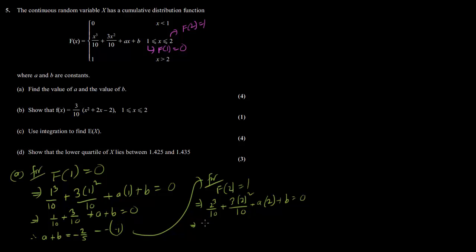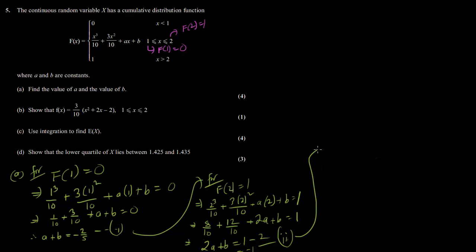So what we have over here is 8 by 10, plus 2 squared is 4, 4 into 3 is 12, 12 by 10, plus twice a plus b equals 1. So this would be 20 by 10, which is 2. So twice a plus b equals 1 minus 2, which is minus 1. So this would be equation 2.